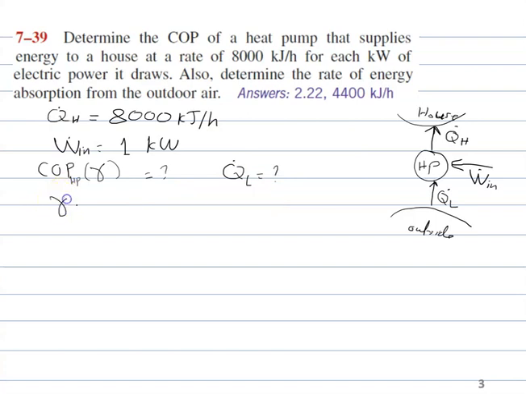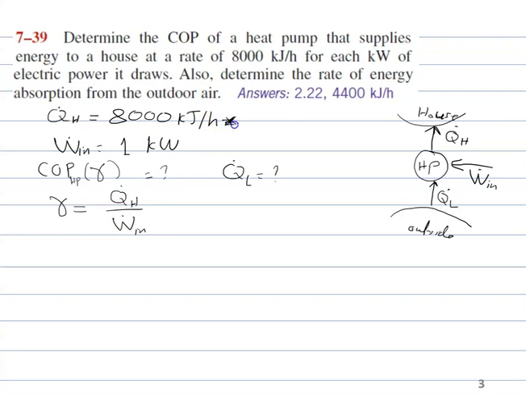The COP or gamma of the heat pump equals the desired, which is QH for a heat pump, divided by WN. We need to put this in one unit, so we'll convert this.